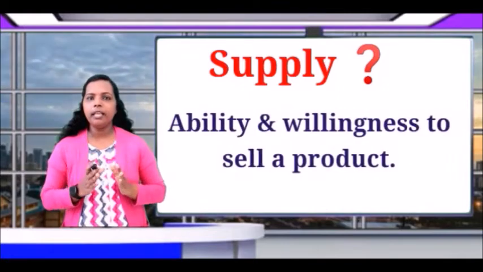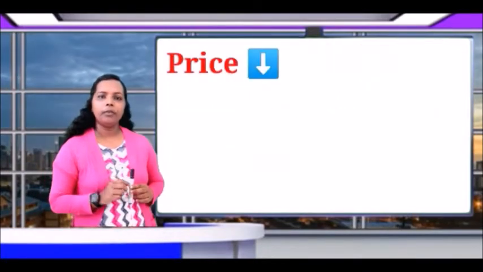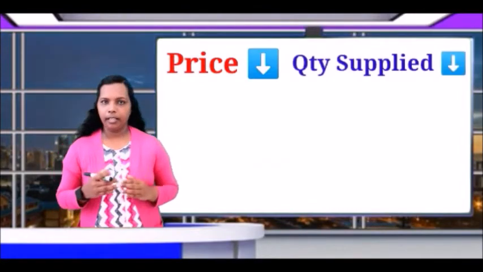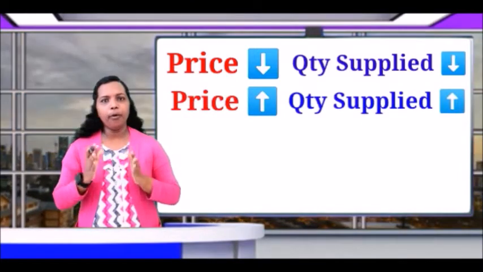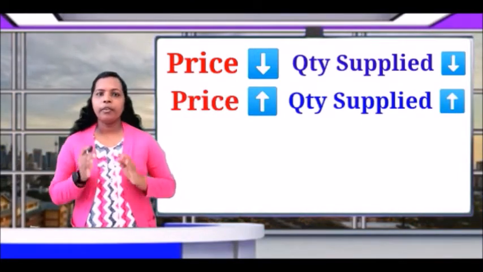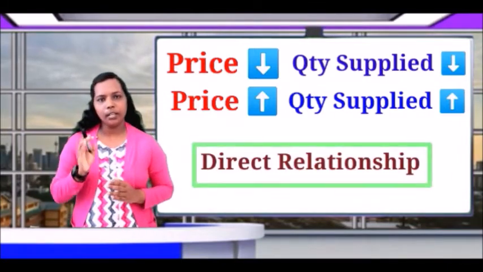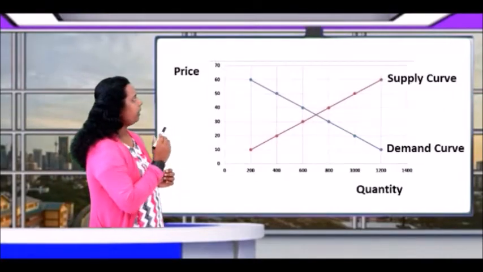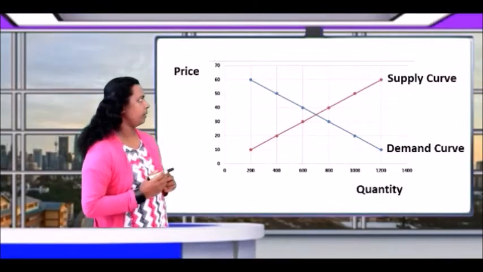Supply is the ability and willingness to sell a product. When price falls, the producer supplies a lower quantity, and when price increases, the producer is ready to supply more goods to the market. So, there is a direct relationship between the price and quantity supplied. Please look at these diagrams. Here, the demand curve is downward sloping and the supply curve is upward sloping.